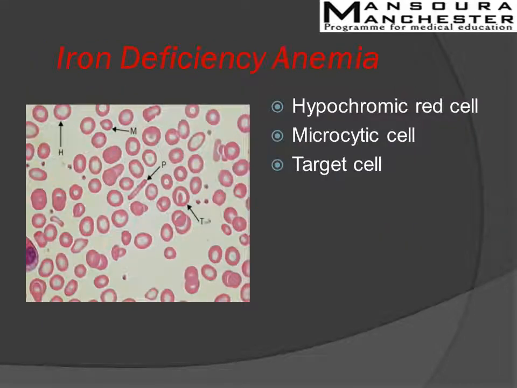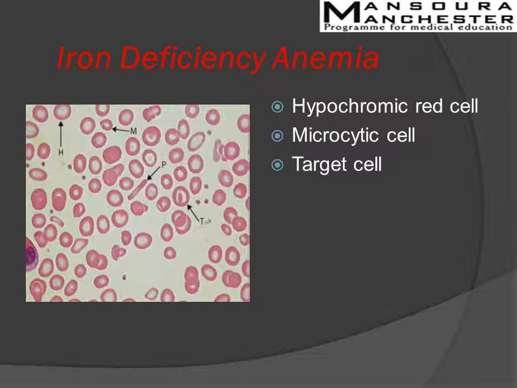However, I have to show you the blood film of a patient with iron deficiency anemia. As you see, there are microcytic cells, a decrease in the size of the cell. We have also what's called target cells, and the elongated cells are called pencil-shaped cells. So the abnormal blood film seen in patients with iron deficiency anemia shows target cells and pencil-shaped cells.